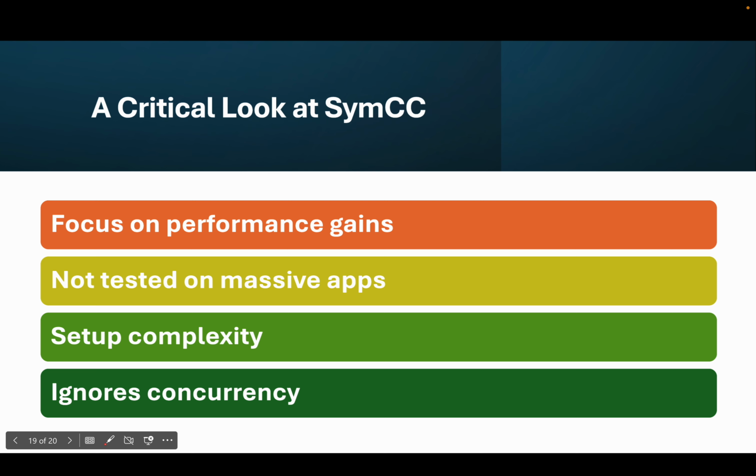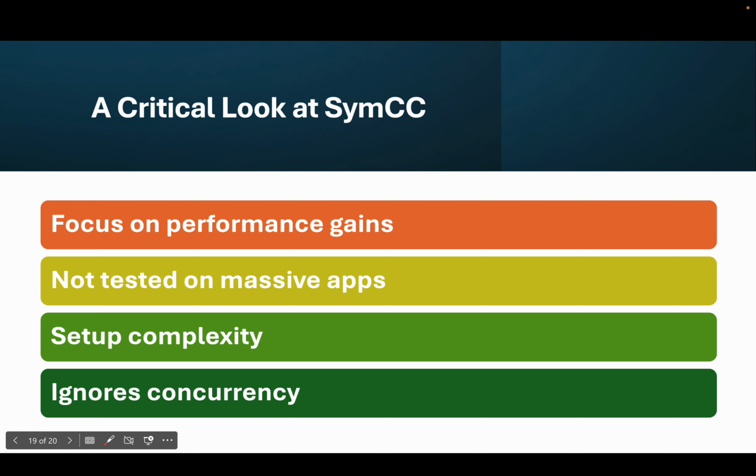Then, it ignores concurrency. SymCC, like many symbolic executors, doesn't deeply handle multi-threaded programs where concurrency bugs are critical. The critics suggest that focusing solely on single-threaded branching might overlook concurrency vulnerabilities in real-world software.